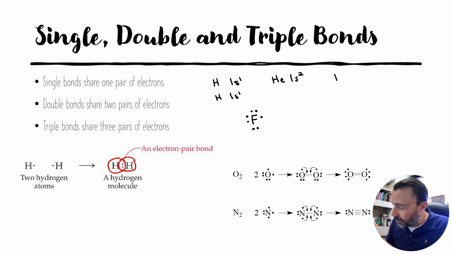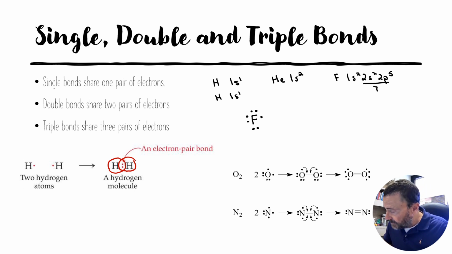If we think about fluorine, it is 1s2 2s2 2p5, so it has 7 valence electrons, 7 of them in the highest principal quantum number. Now it is very easy to figure out how many valence electrons there are in that highest principal quantum number.